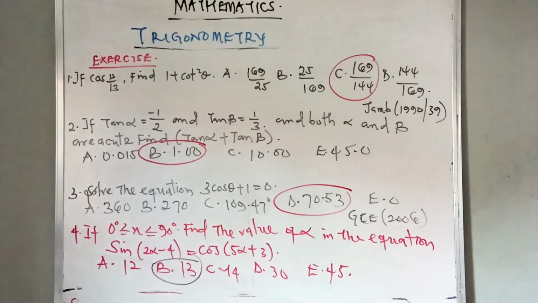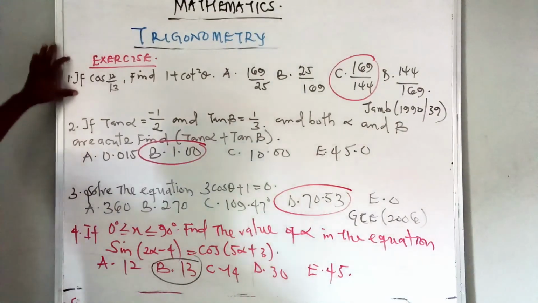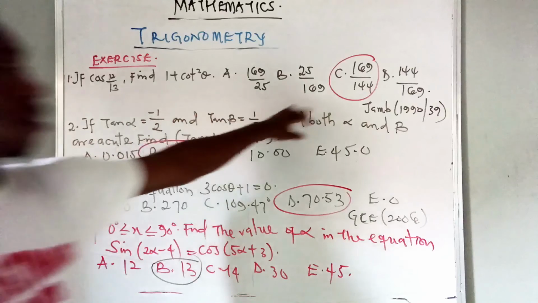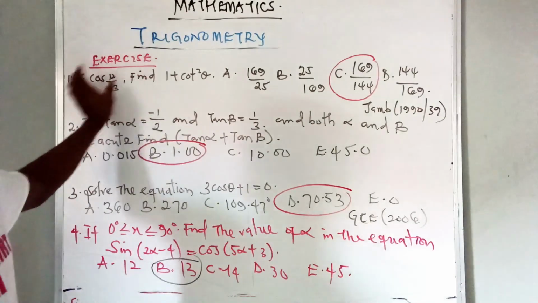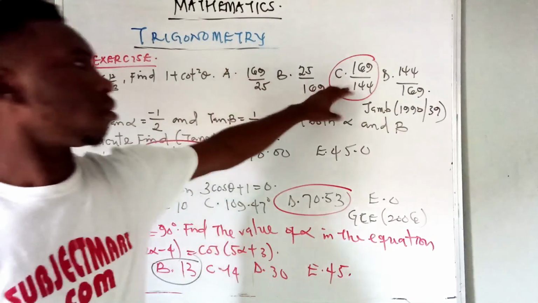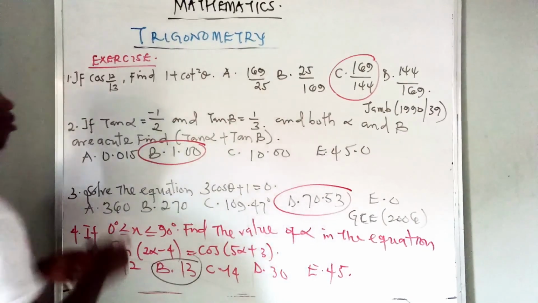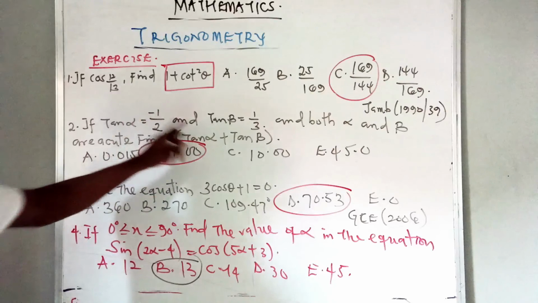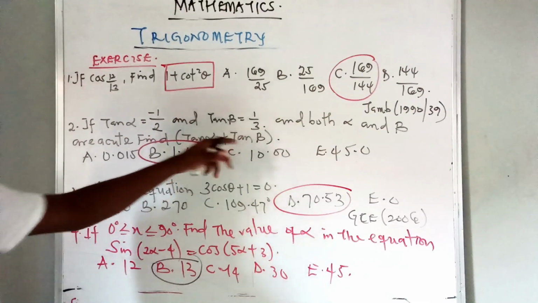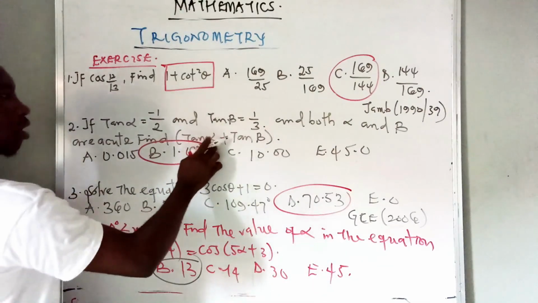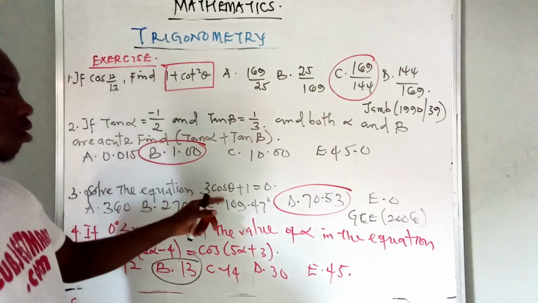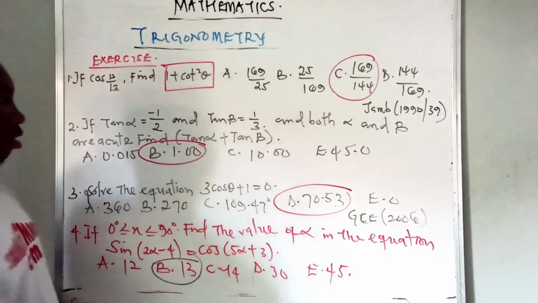So finally, we now have our exercise here. Number 1 said cos is 12 over 13, and we have its answer. You have to pay attention to the instruction. I said if tan alpha is this and tan beta is this, find the summation of tan alpha plus tan beta. This is the solution. Now solve the equation 3 cos theta plus 1 is equal to 0.